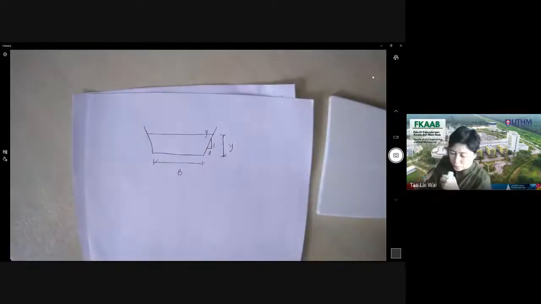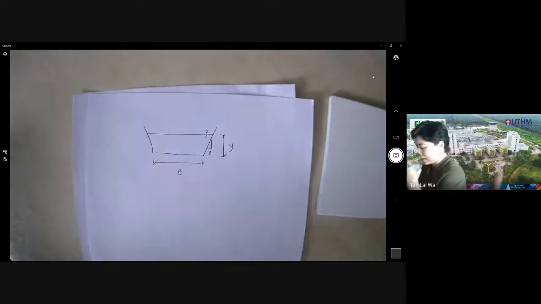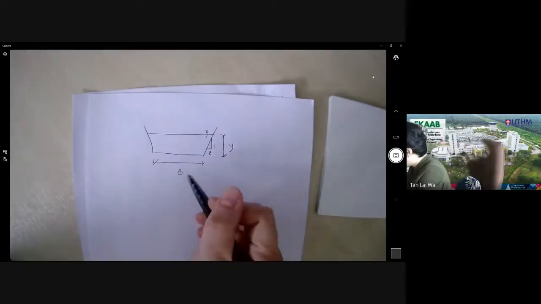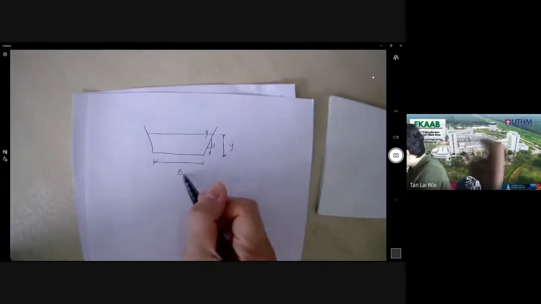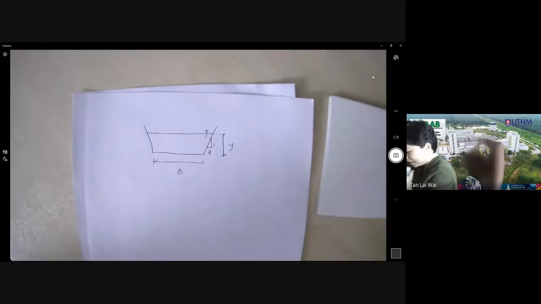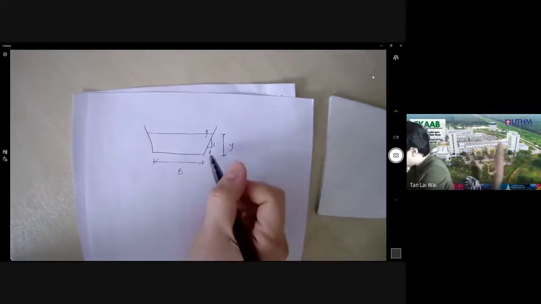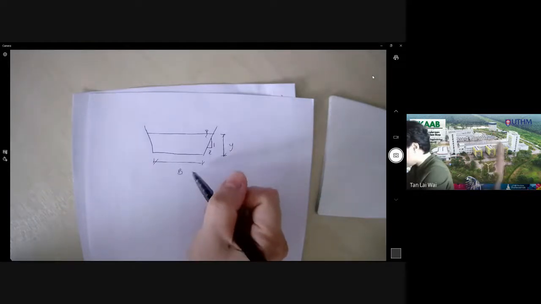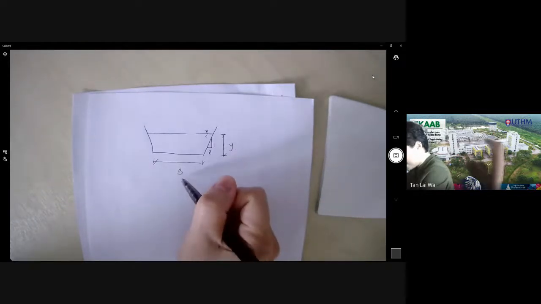You probably want to know what your bottom width is, and what your side slope is for the best section. Initially, we'll let A and Z be constant, because if we didn't set Z and A to be constant, then it's a bit difficult for our analysis.